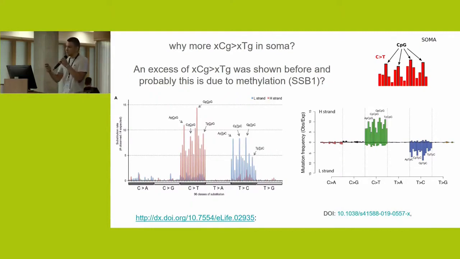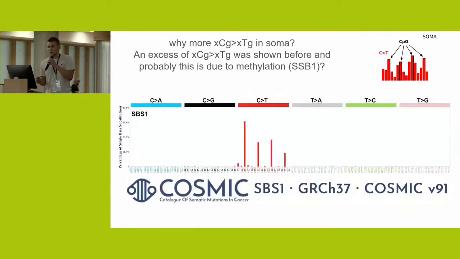Our data is in line with this data, but the authors of these articles don't go deep into details and don't talk about what the signature of these substitutions is. We looked at COSMIC data, SBS1, single base substitution, and our results compare well: the most common substitution is C to T, and the third letter is G, like CpG in the somatic line.